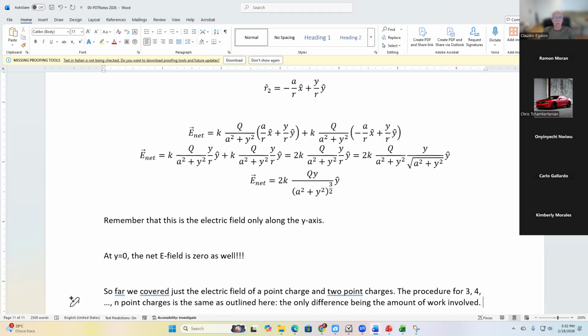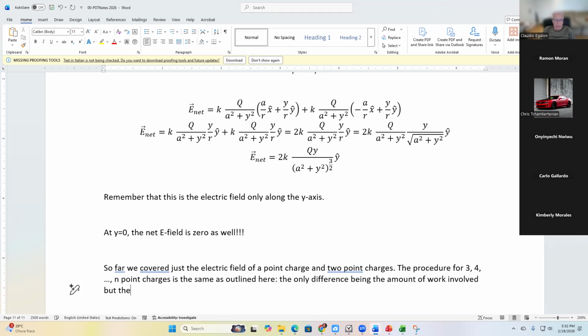Instead of dealing with just 2 electric fields, you have to deal with 3, 4, 5 electric fields, and the equations grow larger and larger. But the procedure is exactly the same.